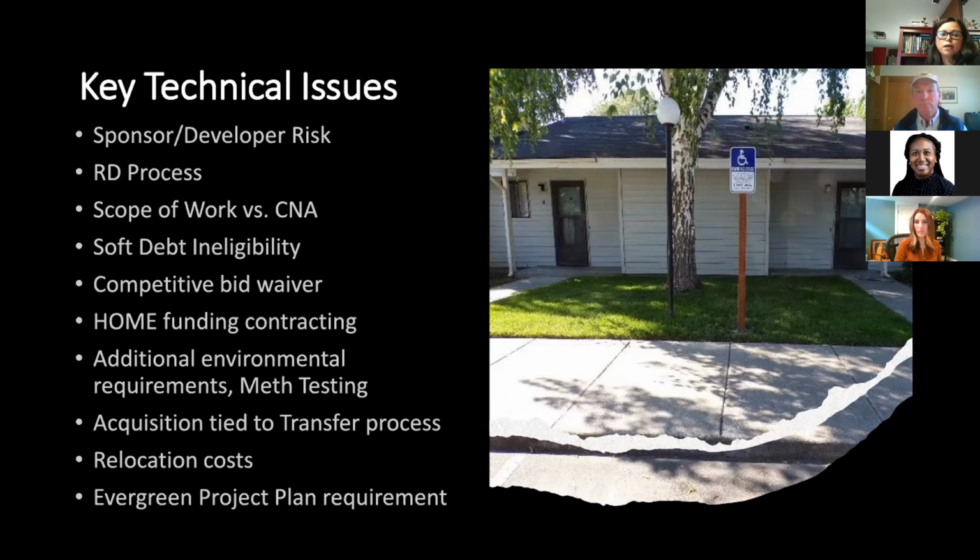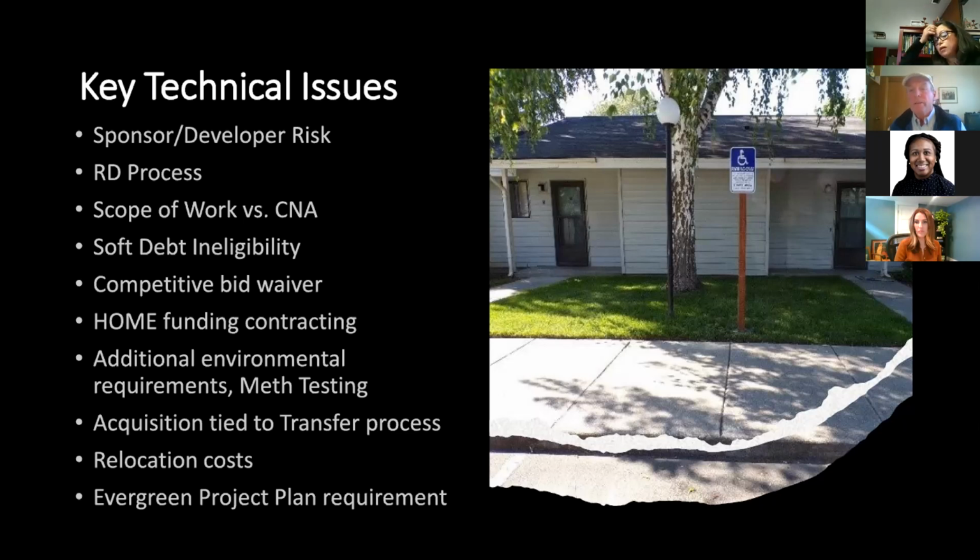But those are additional requirements that need to be taken into consideration, and that need to be placed on the pre-development budget ahead of time, and it just adds another layer of time and also funding.